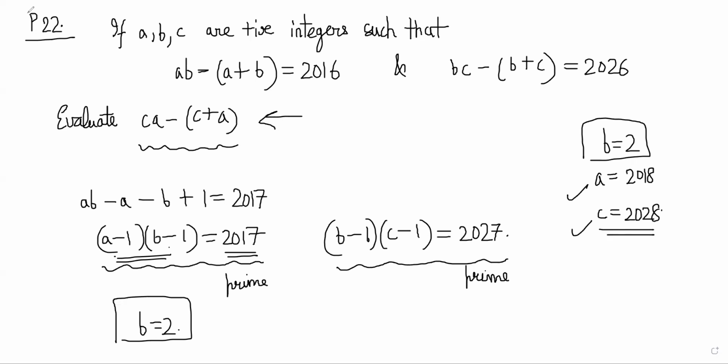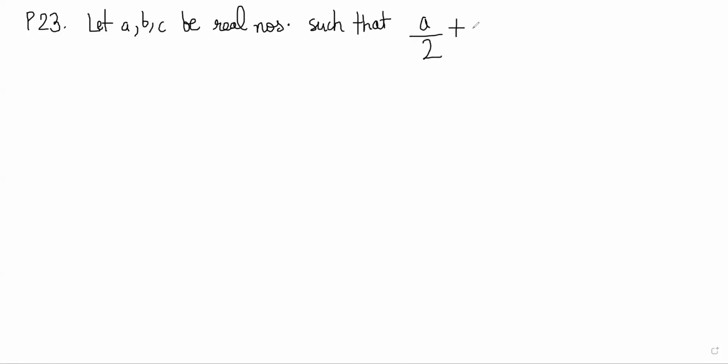Yes sir. Okay. Question 23. Let A, B, C be real numbers such that A by 2 plus B by 3 plus C by 6 is equal to square root of 2016.